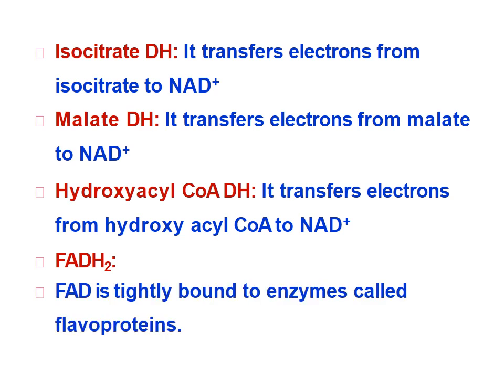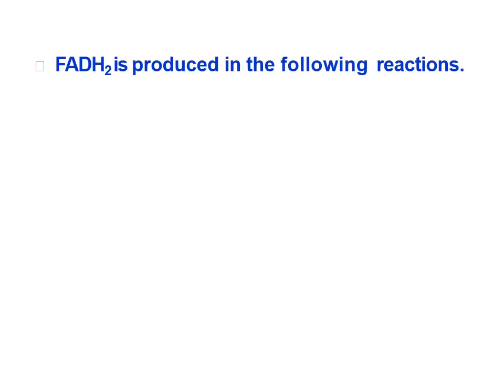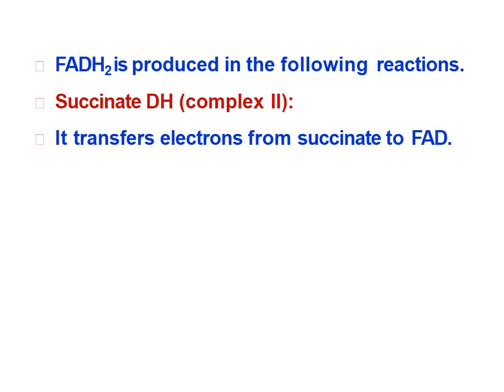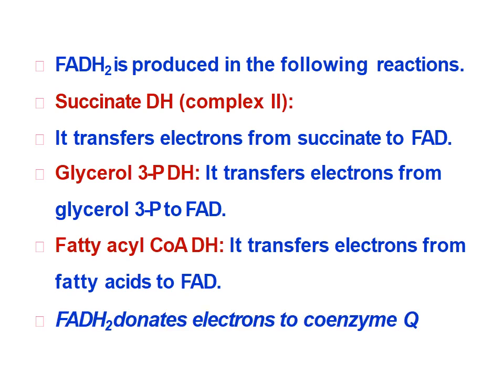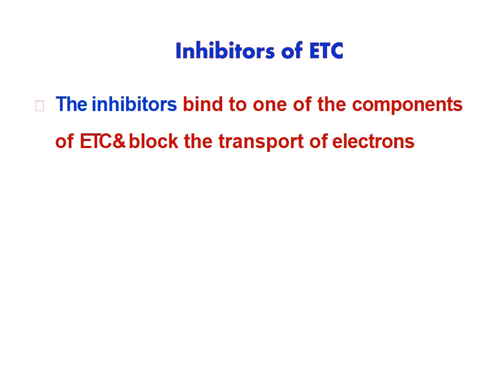What are the sources of FADH2? Flavoprotein, it is produced by the following reactions: succinate dehydrogenase, glycerol 3-phosphate dehydrogenase, fatty acyl coenzyme A dehydrogenase.